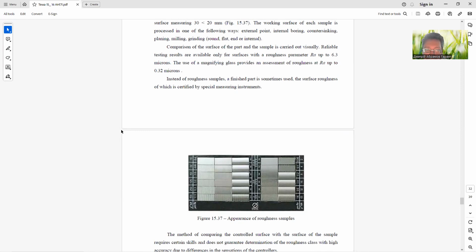The use of a magnifying glass provides an assessment of roughness at Ra up to 0.32 microns. Instead of roughness samples, a finished part is sometimes used, the surface roughness of which is certified by special measuring instruments.